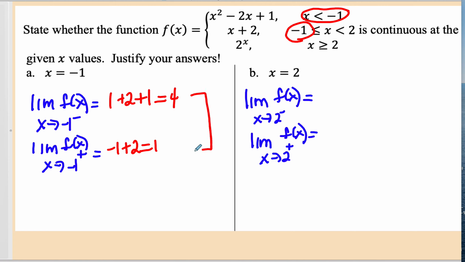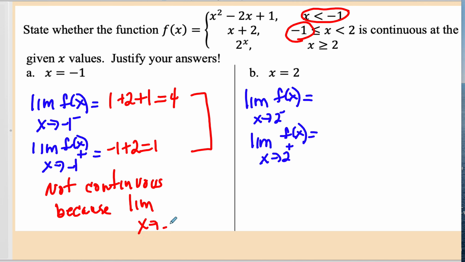Notice that these two are not equal. That means the limit does not exist. So not continuous, and that's because the limit as x approaches negative 1 of f of x does not exist.